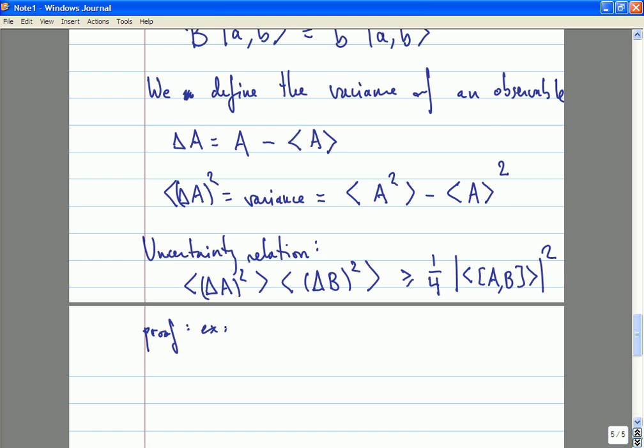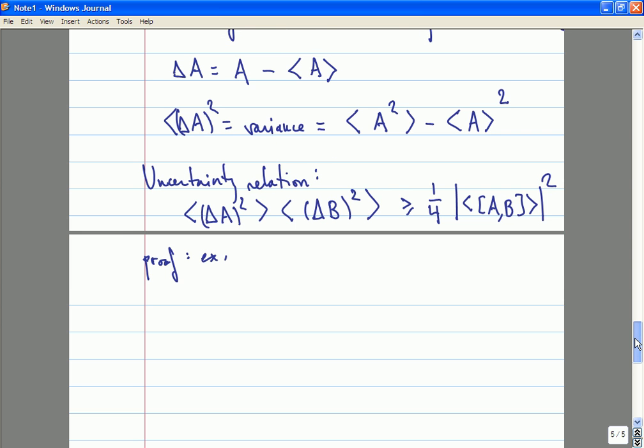This is a fact that is true in any state whatsoever. And so a state which has the special property that it saturates this bound for a pair of operators A and B has some sort of special status and is referred to as a minimum uncertainty state.